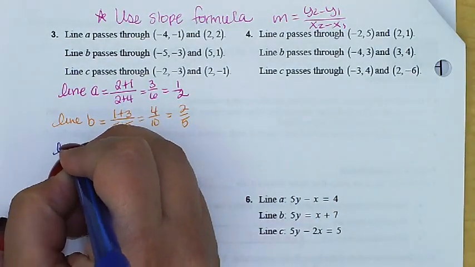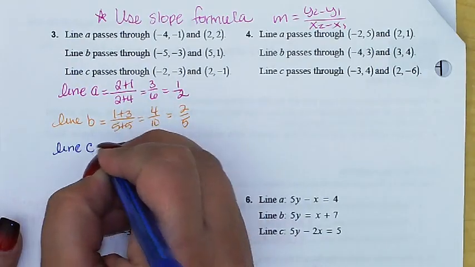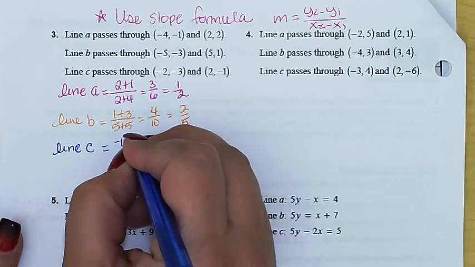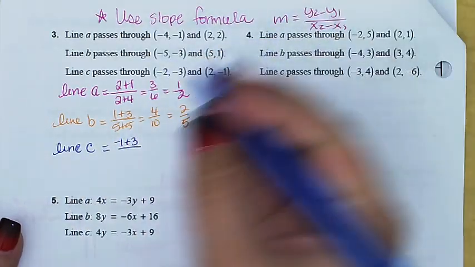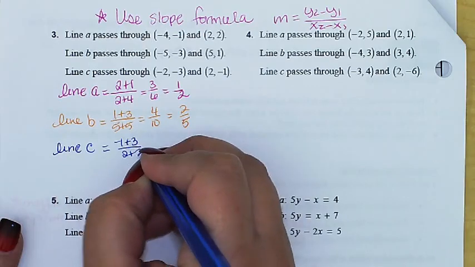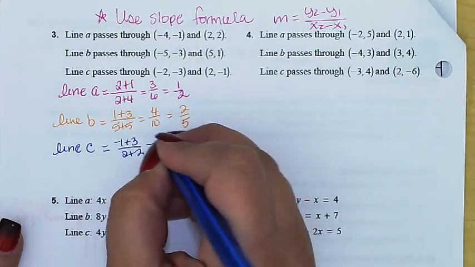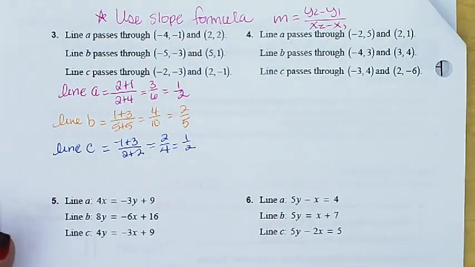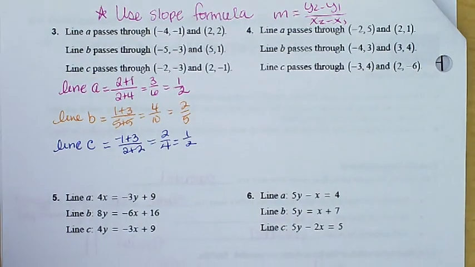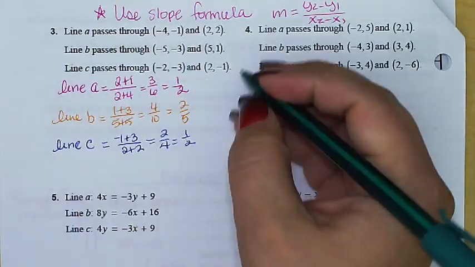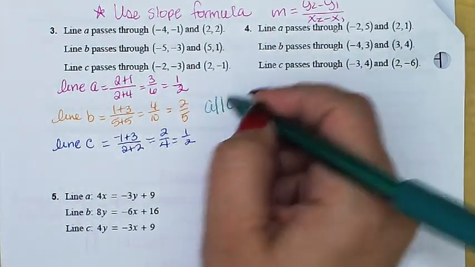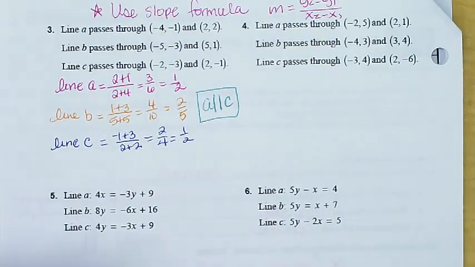And then for line C, -1 minus a negative is -1 plus 3, and 2 minus a -2 is 2 plus 2, and that gives us 2 over 4, which simplifies to 1/2. So do I have any slopes that are the same? I do, line A and line C. So I can say that line A is parallel to line C, and there's our answer.